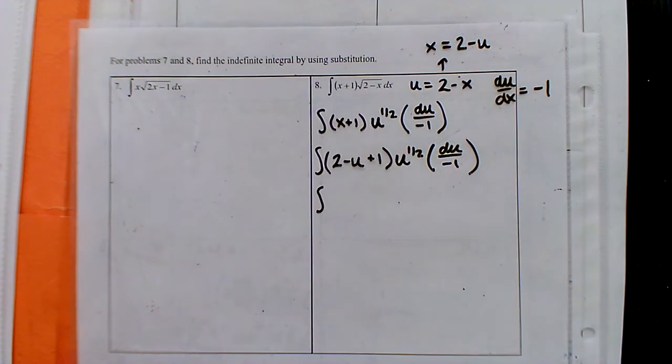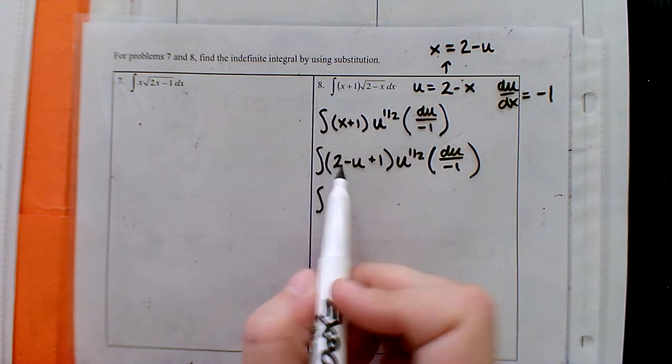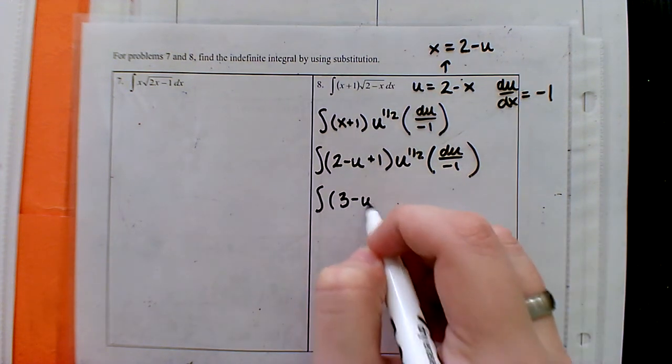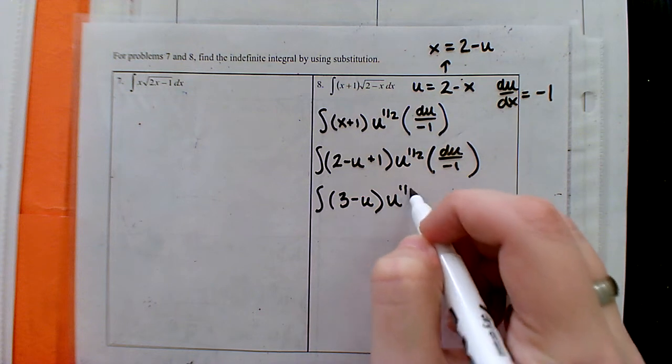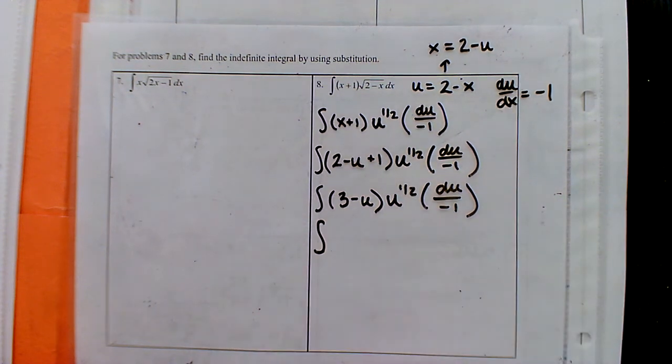Where do you want to go from there? Okay, we can distribute. And maybe we can simplify. How about we do 2 plus 1 first? I think we can do that. So this would be 3 minus u. And let's go ahead and distribute from here.